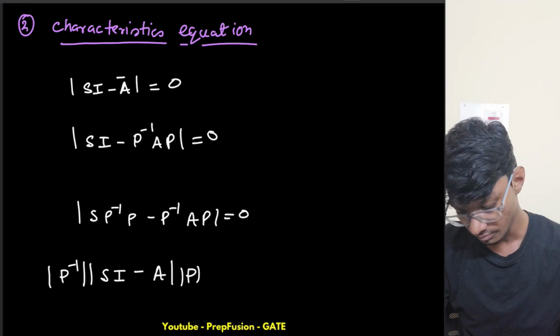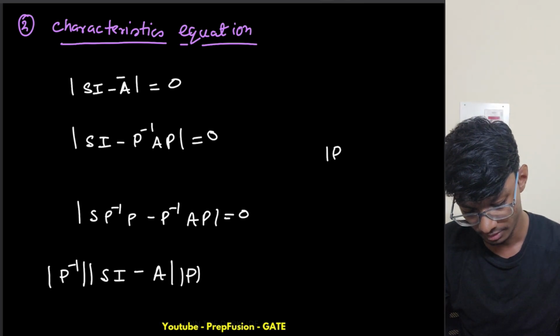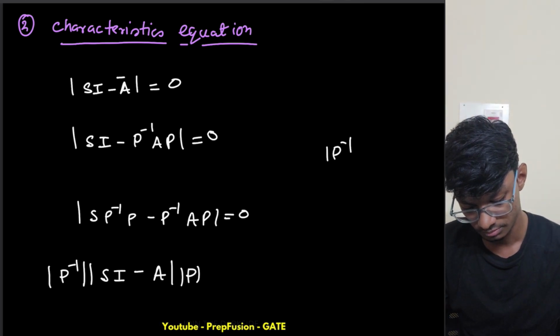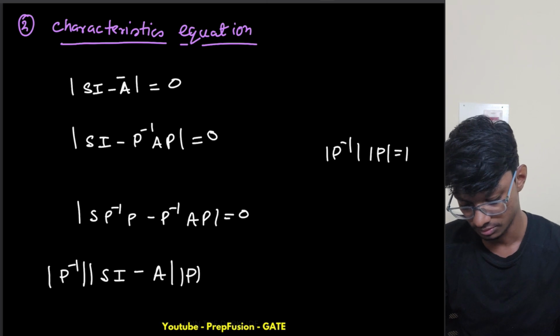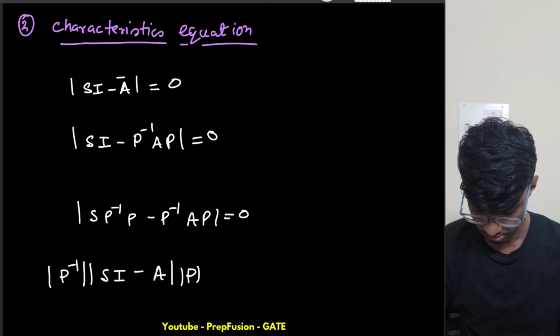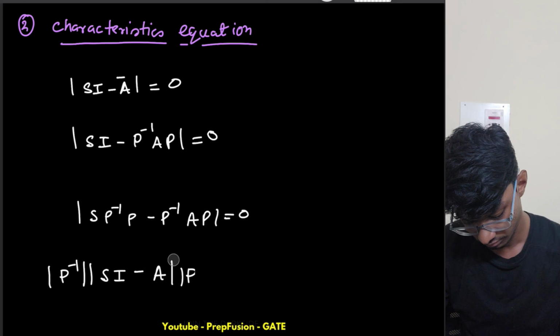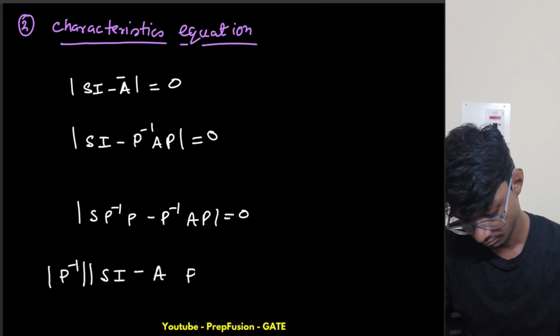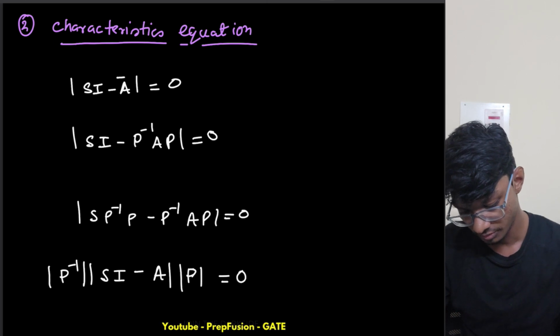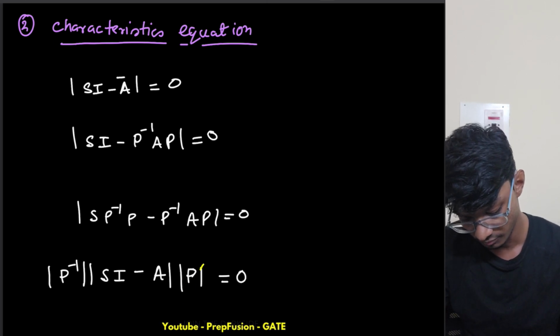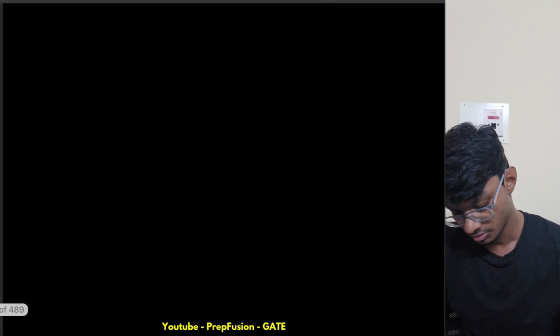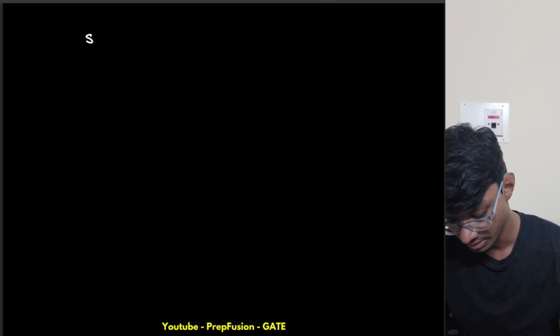So the determinant of P inverse and the determinant of P will multiply to 1. So they will cancel, they will become 1 only. So what is the equation that I get? Determinant of SI minus A equals 0.